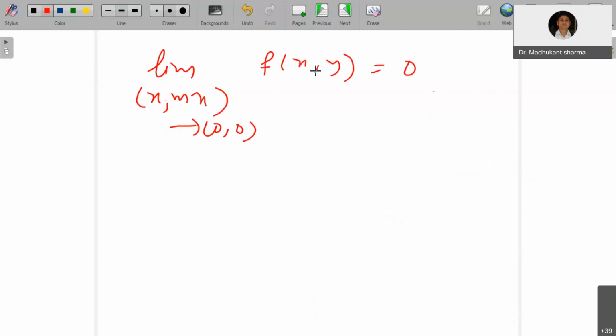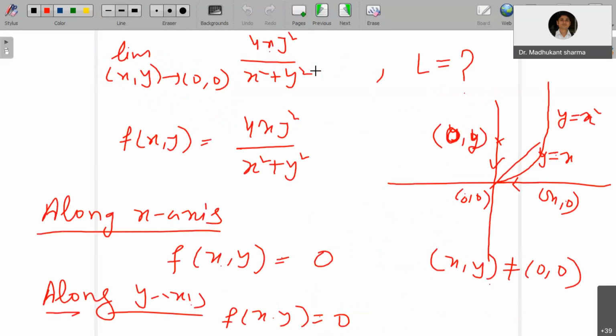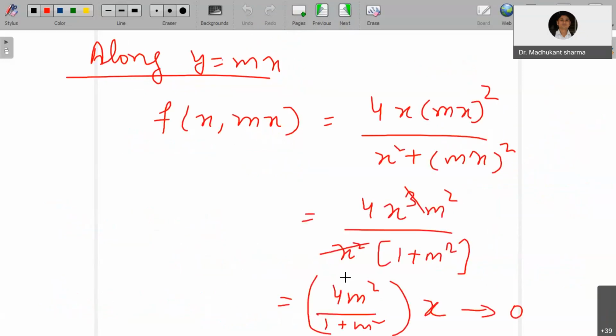So this path gives you the initial guess that the final value is 0. If they were different, you could straightforwardly say that the limit does not exist. But if you are getting the same value everywhere, you can't say whether the limit exists or not. You can also check another path like y equals x square or m x square, and you will still get the value 0.